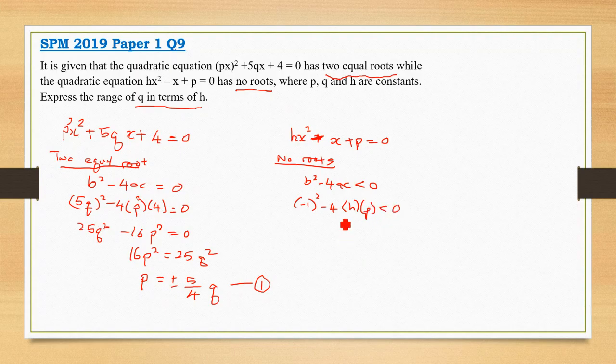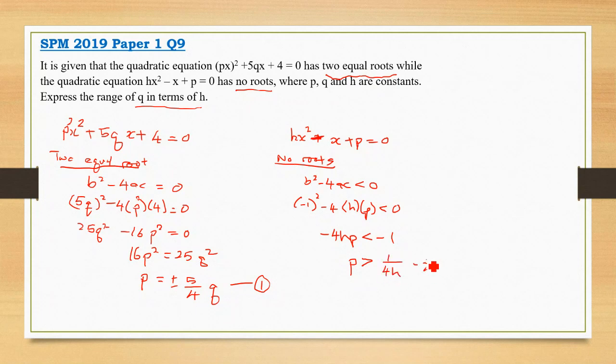What we do is we try to make p the subject so we can connect with the first equation. So what we have is -4hp is less than -1, bring it across. So you have p. Remember when you divide by a negative number, there's a change in your inequality sign. So it becomes p greater than 1 over 4h.